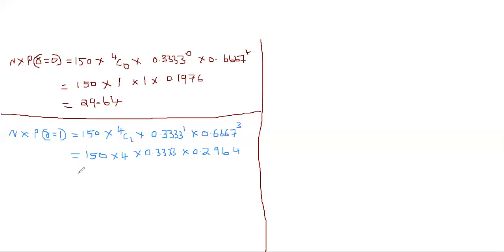So let me multiply all these values now. 150 into 4 into 0.3333 into 0.2964. We're getting 59.27. So this bit is over.